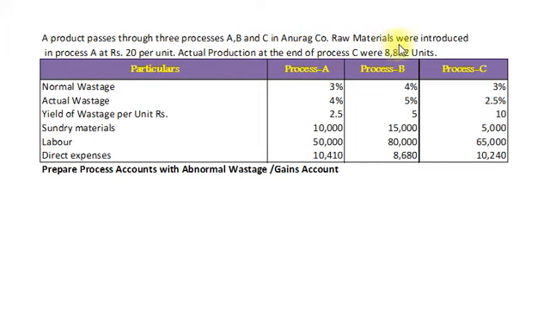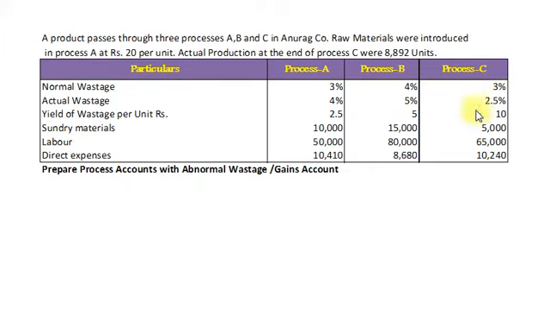Raw materials were introduced in process A at rupees 20 per unit. Actual production at the end of process C were 8,892 units. And the other details are normal wastage process A 3%, process B 4%, process C 3%.